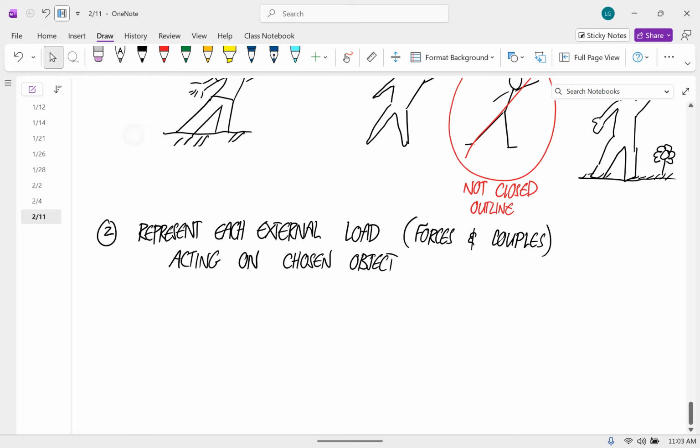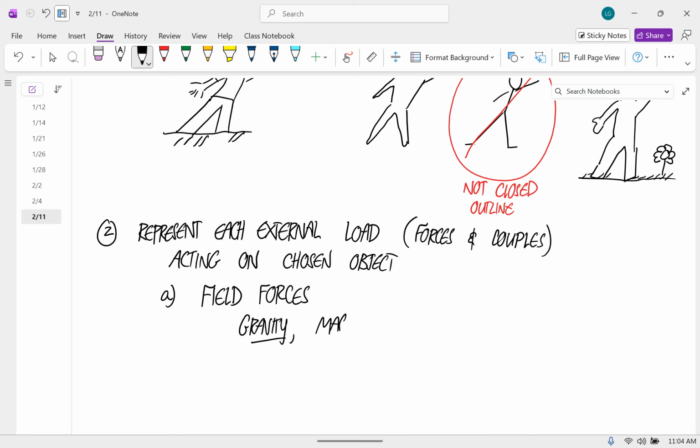Okay, and so I'm going to break this down into some categories. There are only two kinds of forces that can act on a body. The first one is field forces, which mainly is gravity, but could also include magnetic fields, electric fields.